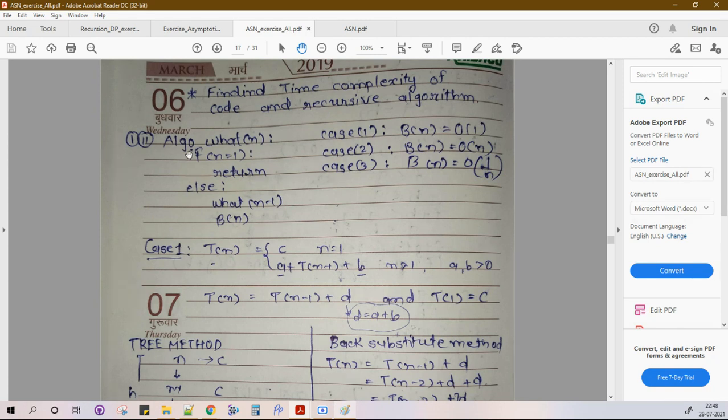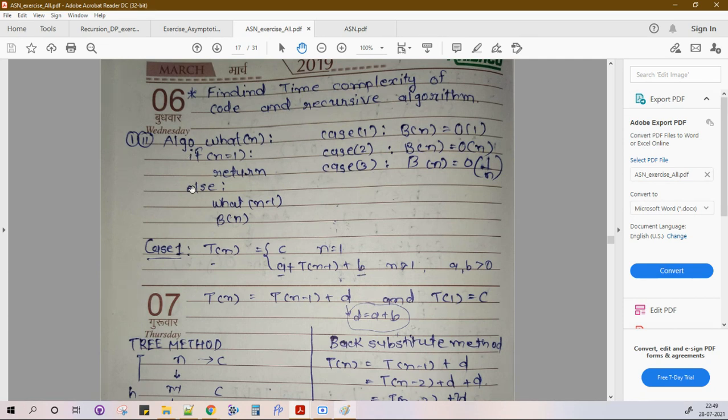All these mathematical and comparison operations are constant time, because they cost some CPU cycles. If you're from electronics, you know there are CPU cycles to perform any operation. So it is constant time a.